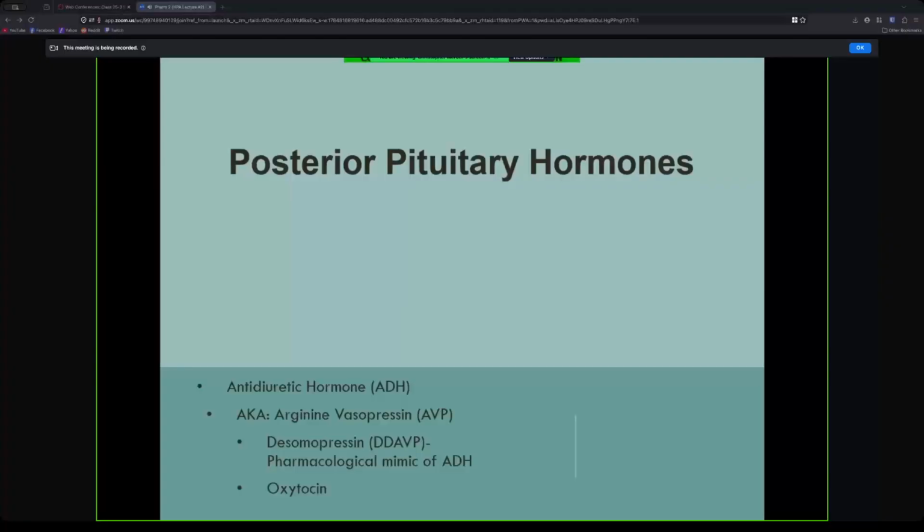Remember, the posterior pituitary only stores and releases hormones; it doesn't make any. In contrast to the anterior pituitary, the posterior pituitary hormones come from the hypothalamus and are stored in the posterior pituitary.